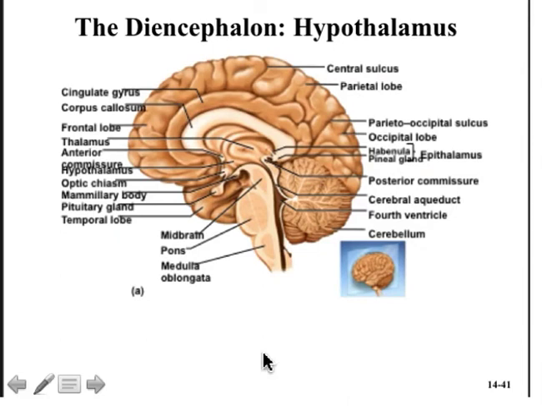The infundibulum, this little stalk right here, connects the pituitary gland to the hypothalamus. It's a major control center of the autonomic nervous system as well as the endocrine system. It plays an essential role in the homeostatic regulation of all body systems.